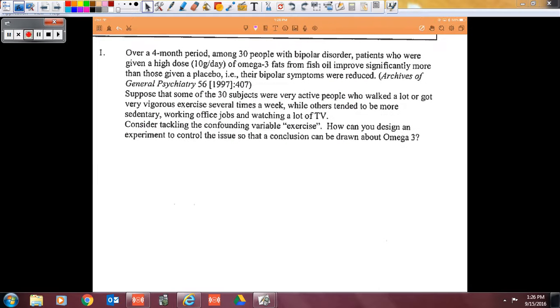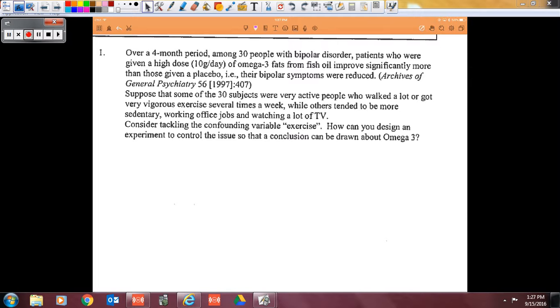Over a 4-month period, among 30 people with bipolar disorder, patients who were given a high dose of omega-3 fats and fish oils improved significantly more than those given a placebo. Their bipolar symptoms were reduced. Now, I think we've done this story before, but we just did it with a basic, completely randomized picture.